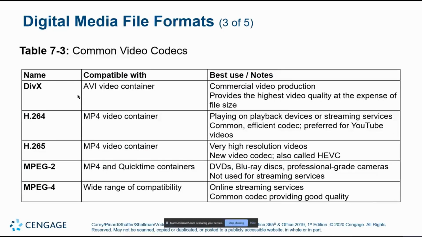Here we have a few video codecs, and what a codec is used for is simply for compressing and encoding video data and generating its output file. DivX has been around for quite a while. I've seen it in plenty of places, but I've never used it myself.